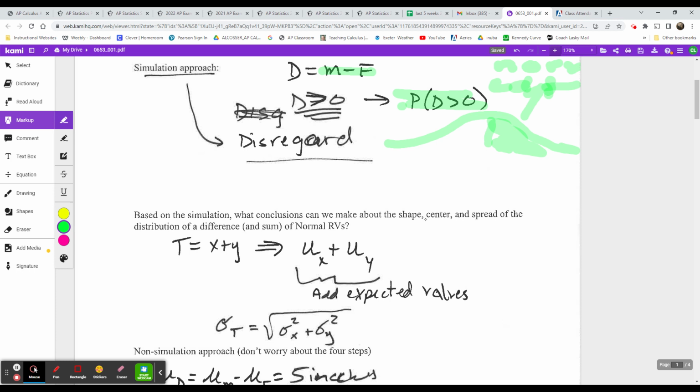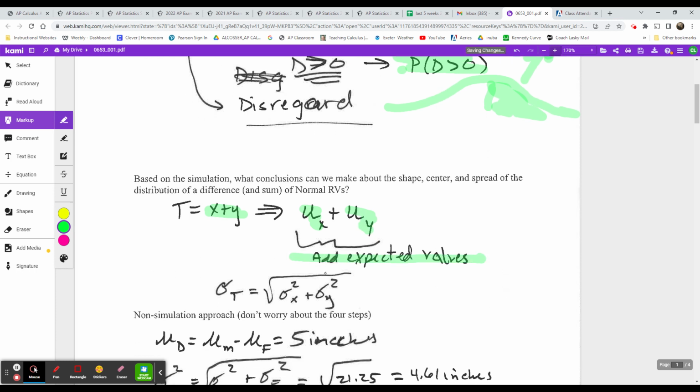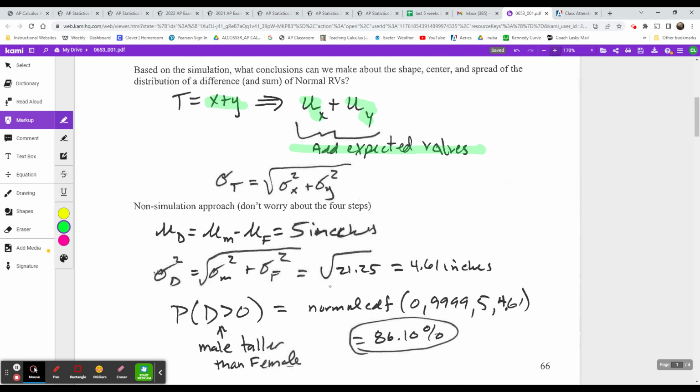What we can make conclusions about is the shape, center, and spread. If we're creating a new equation with two different populations, X and Y, we take the expected value of each one and add those expected values together. For the standard deviation, we take the standard deviation of X squared plus the standard deviation of Y squared, and take the square root of that.